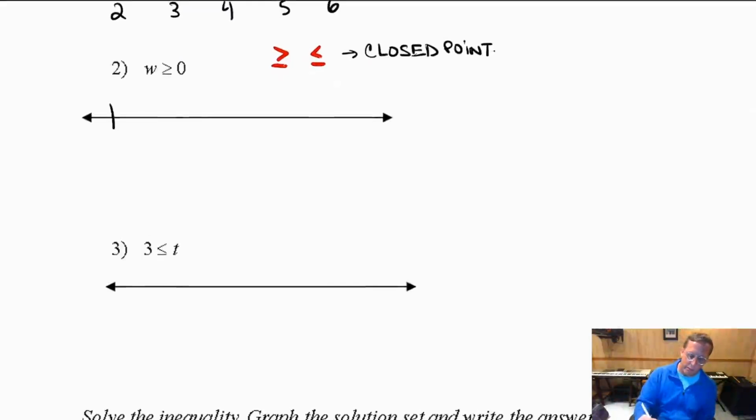So we're going to put some points here. I'm going to put 0 here, 1, 2, and -1, -2. For x is greater than or equal to 0, I'm going to put a closed point at 0.